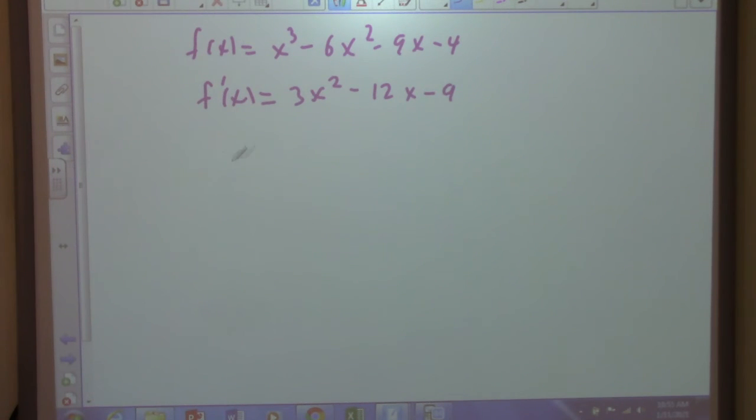And so you're going to find your critical number. 0 equals 3 times x squared minus 4x minus 3.